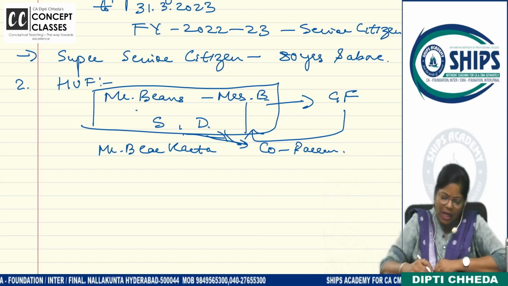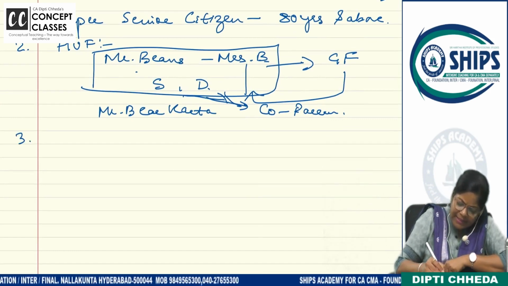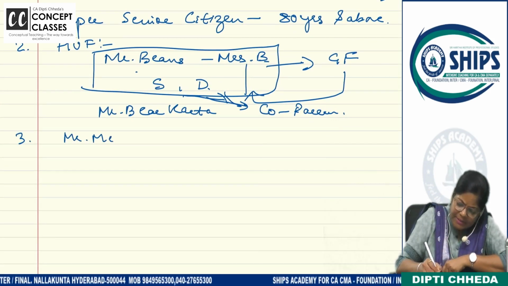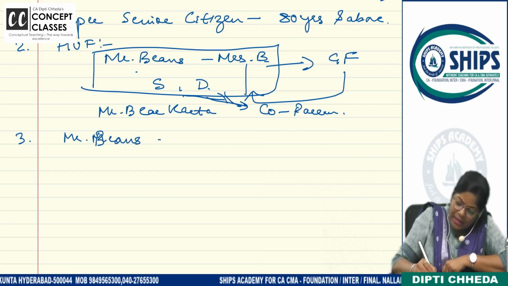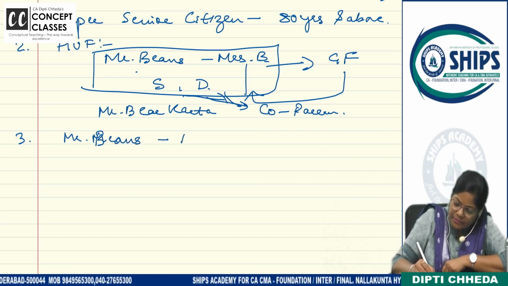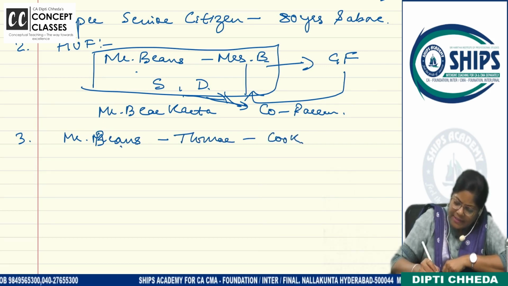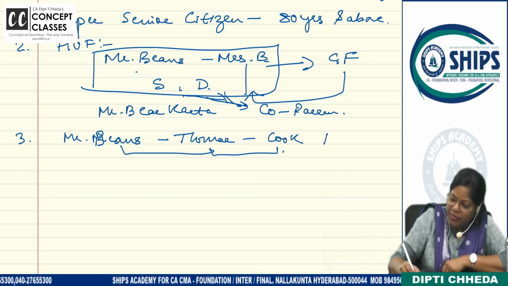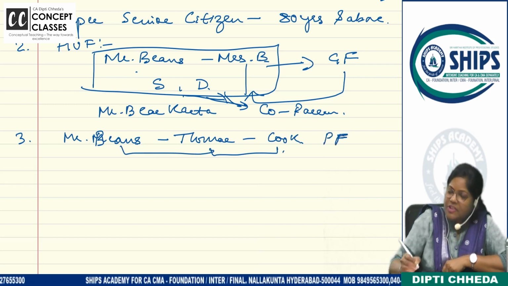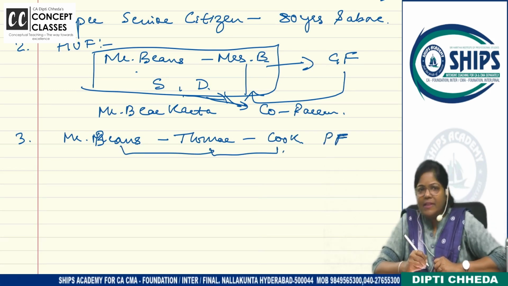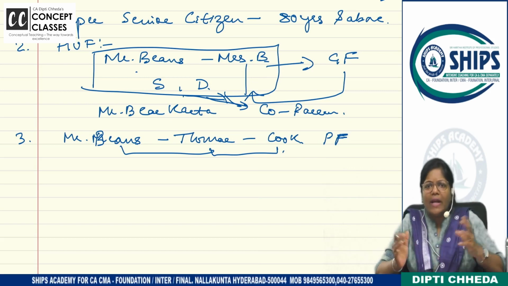Clear? Now, third case is Mr. Beans and Thomas and Cook. These three are friends. They form partnership firm, registered partnership firm under the Indian Partnership Act 1932, and they work.